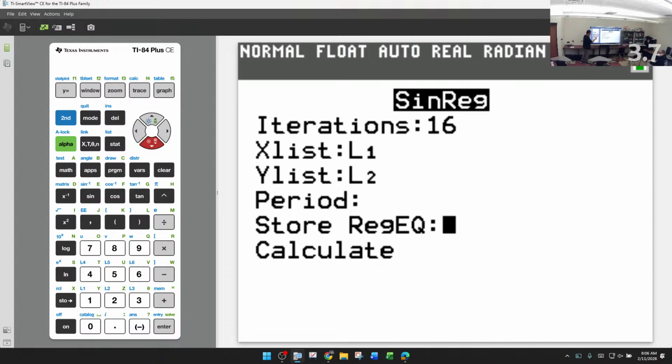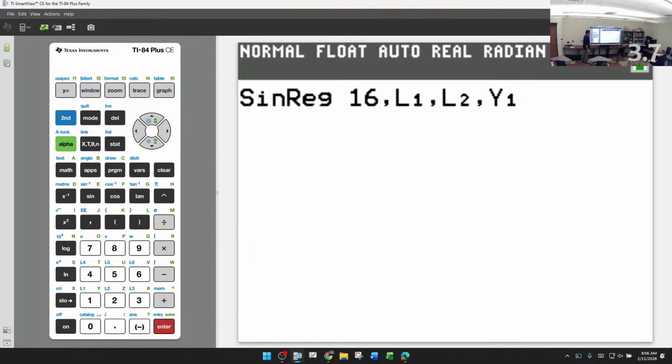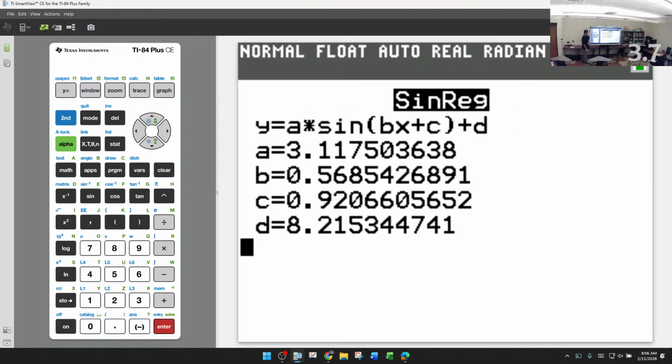Store it. I always store it. Alpha trace y1. Alpha trace puts it in y1. I don't think I need period. I think it's going to work. Took a little while.